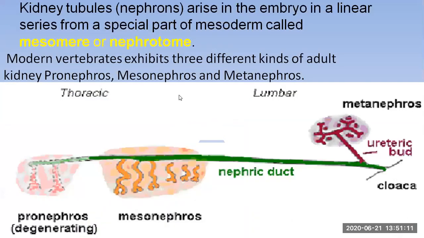Now we will see kidney tubules. What are kidney tubules? Simply, you can say nephrons. Kidney tubules, or nephrons, arise in the embryo in a linear series from a special part of the mesoderm called the mesomere or nephrotome. You know very well that in mammals only nephrons are found.